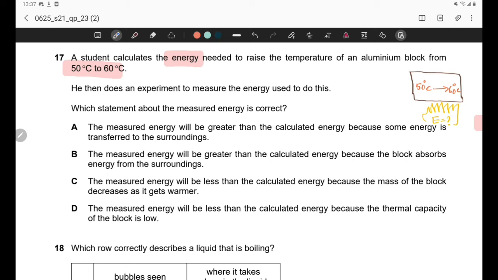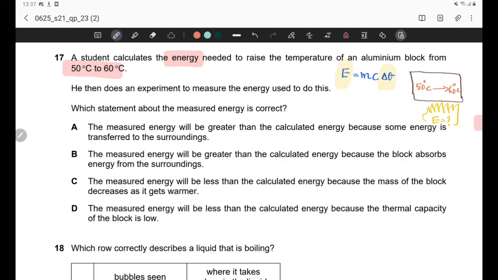So there is an equation we can use. The thermal energy required in order to increase the temperature of this aluminium block is the mass of the aluminium block times the specific heat capacity of aluminium times the change in temperature. So in order to have a temperature change from 50 degrees to 60 degrees, the student should apply this much heat energy.